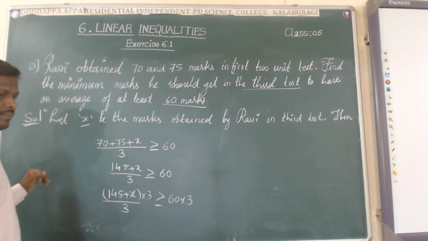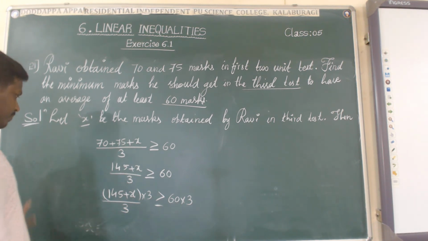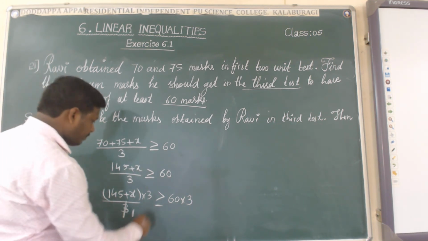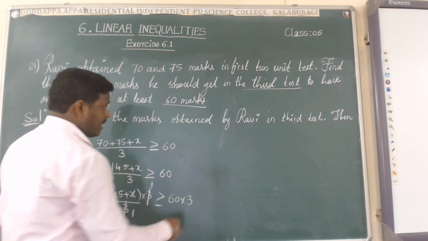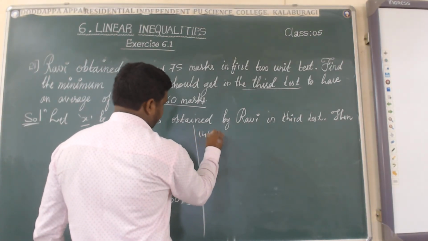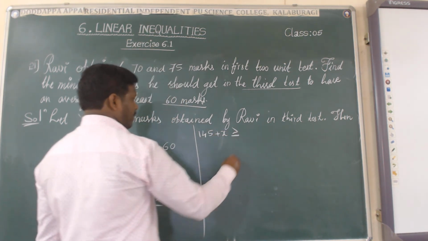Now simplify. 3 ones are 3. Now write here 145 plus x is more than or equal to 180.